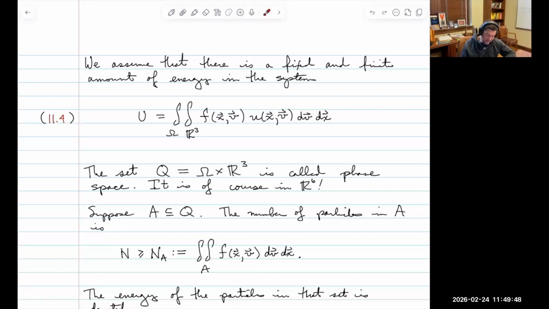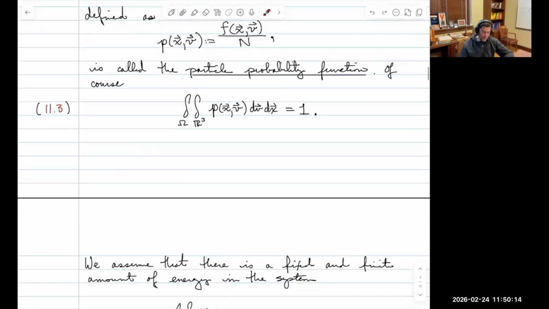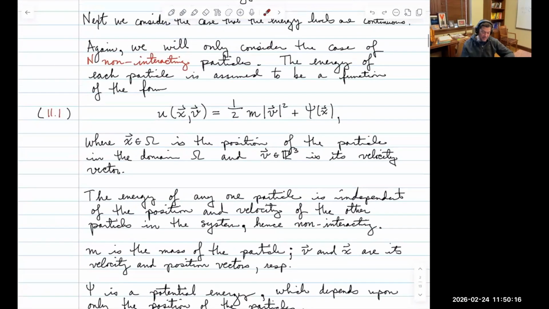So here's another thing you might need to worry about. This guy here is an integration over a finite domain, but this is an infinite domain, right? So I've got to be worried about the fact that this function will have to be integrable over the velocity domain. The way this is set up, by the way, we can assume that the u function is also going to be positive. If I go back to the u function, it's the kinetic energy of particles plus the potential. Now, the potential energy doesn't have to be positive, but we can assume that it is.